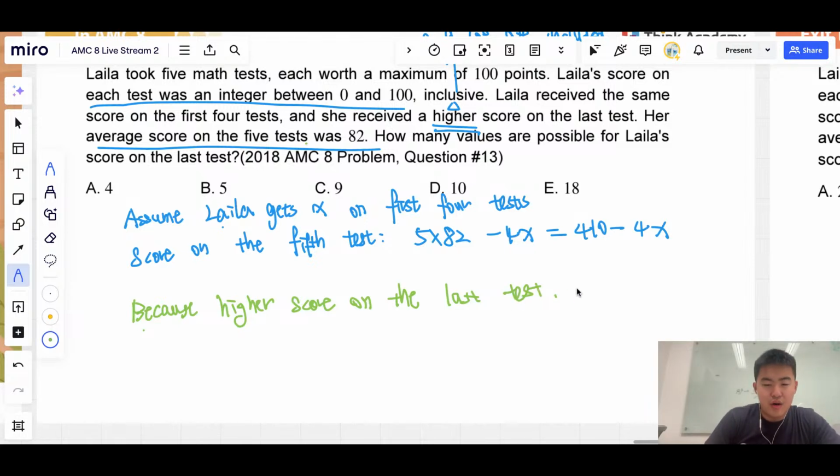Then we know that x must be less than 82. X is the score shared by the first 4 tests, so we have x, 4x, and the last score. If the average is 82 and the last score is higher than 82, then x should be less than 82 to make the mean 82, right? So our condition, our indication, is that x must be less than 82.